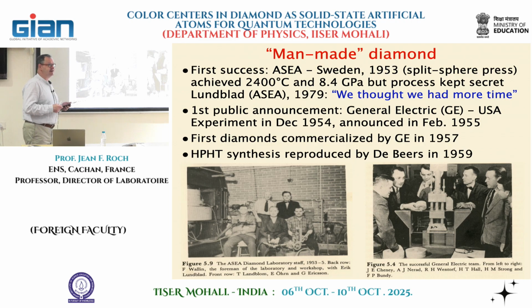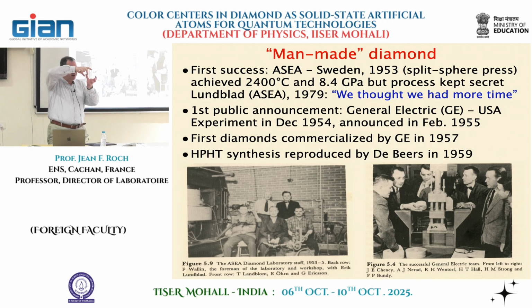The first success came from Sweden, by a company, ASEA, in 1953. And that was a technique where basically this was a sphere in which they put some materials, like two hemispheres bound close to each other, and then they could apply, by this press that you see here, a huge force on that. And they could achieve a very high temperature with these electrical supplies that you see here.